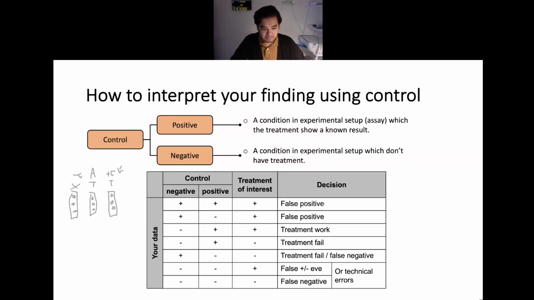Okay, in another situation, your negative control turns out to have a positive result, you see some growth, just a growth here. Somehow your positive control here doesn't show any performance or is much worse compared to the negative. However, your treatment here does show better performance than the negative. And the positive, what does it mean? You are still committing a false positive finding.